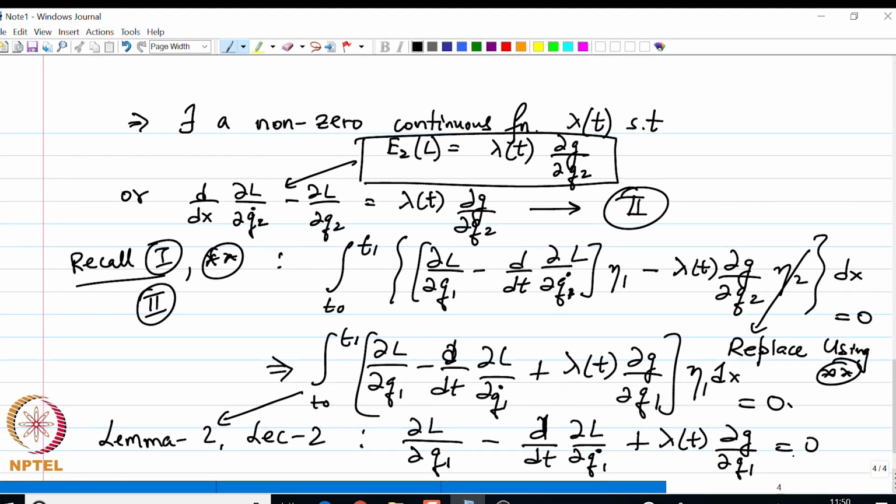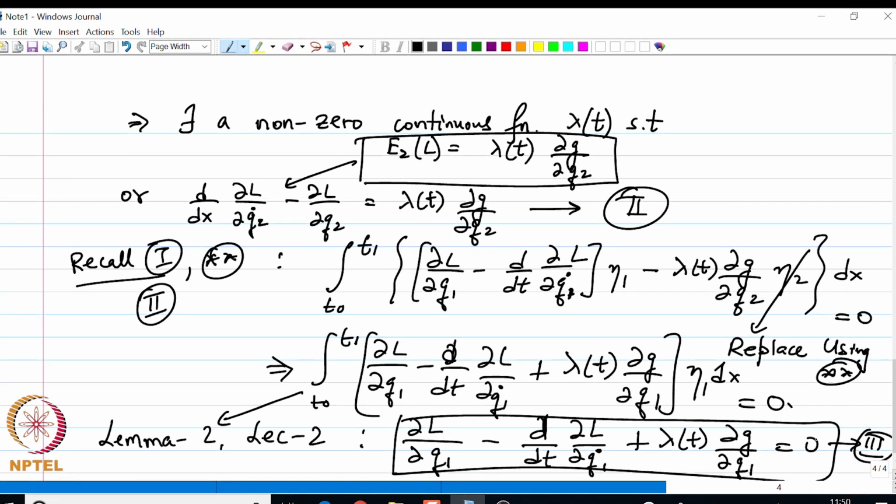Now, notice that from 2 we have an identical constraint for the component Q2. If we take the minus on both sides, the relation becomes identical to this relation, which I call 3. So, 2 and 3 are identical, but with component Q2 replaced with Q1.